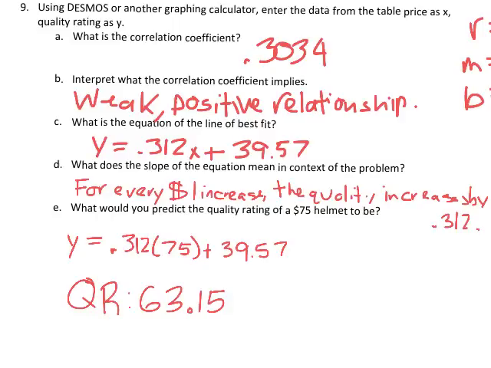But you know right then and there, based on this data, for $75, you should be able to get a helmet that is quality rated at 60, whatever it is, 63. If you go into a store and you find a helmet that's $75 and the quality rating is 75, you know you're getting a good deal. You should buy that, right? As long as it's nice and pretty and matches your bike, right?